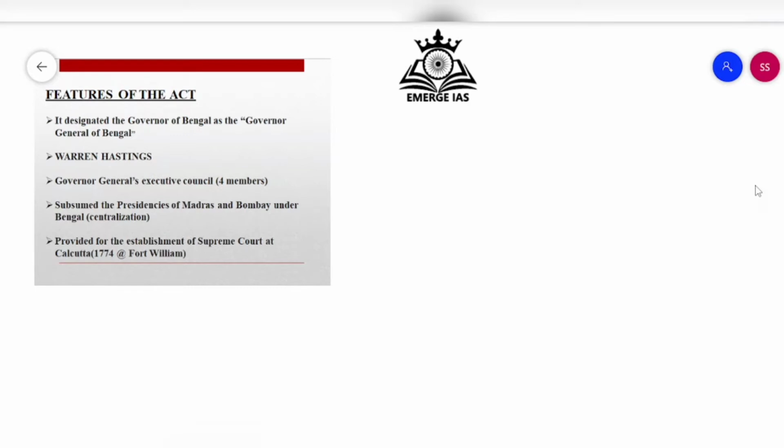Then moving to the next thing, that is the features of this act, or what are the provisions under the Regulating Act of 1773. The first and foremost thing is, this act designated the Governor of Bengal as the Governor-General of Bengal. That means earlier the British had 3 provinces in India, that are Bengal, Bombay and Madras.